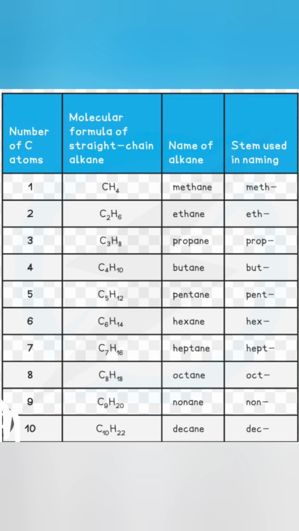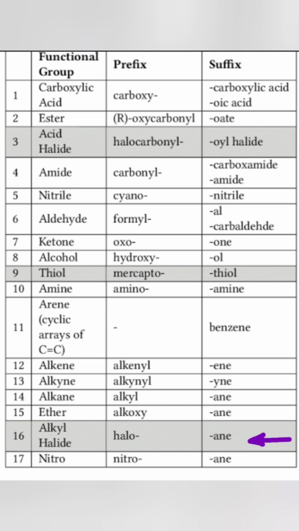Now we have to see the position of the chlorine. Alkyl halide is the general name given to an alkane with a halogen group, and halo may be chloro, bromo or iodo, and ane is used for this. So this is a prefix used as a substituent group.